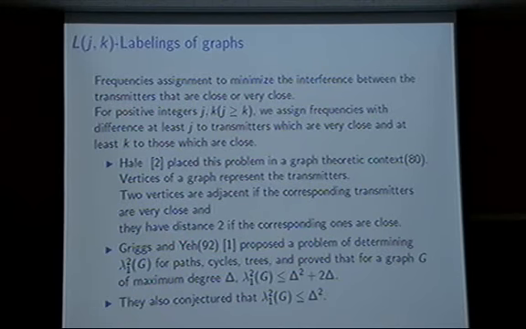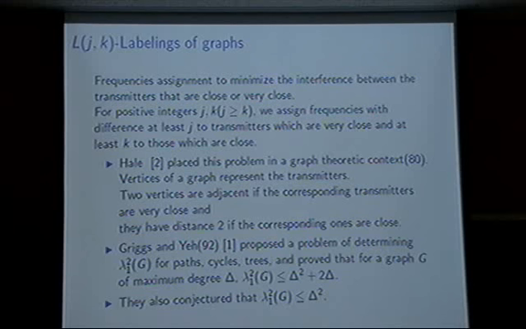And Griggs and Yeh proposed this problem, lambda_{1,2} especially, not just lambda_{j,k}. And actually people usually worked with lambda_{2,1} or lambda_{3,1}. And there are results about paths, cycles, and trees.